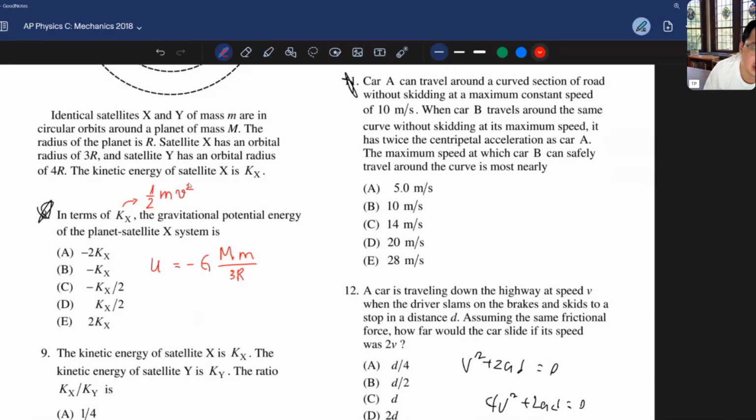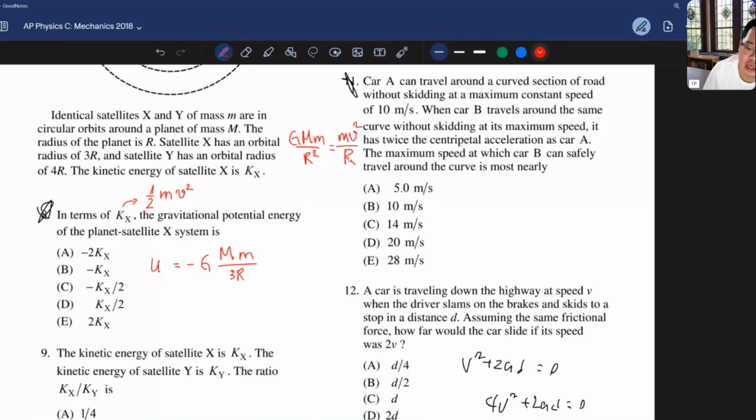So now we need to represent v squared in terms of big M, small m, and radius. This is circular motion. So we have a formula: the gravitational force, G big M small m over r squared, remember, is equal to the centripetal force, which is the mass of the satellite times the square of the velocity over the radius.